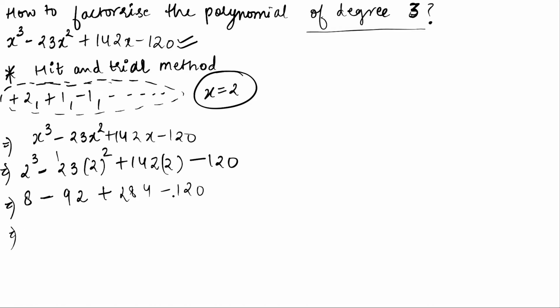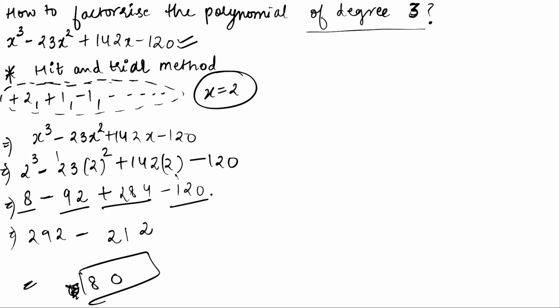By solving this all, we are getting here plus 284 plus 8, we will be getting 292, minus 92 minus 120 will get us 80. So now here we have got 80 by putting x equals to 2.